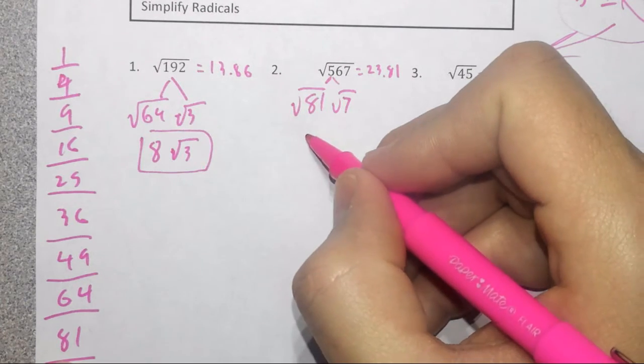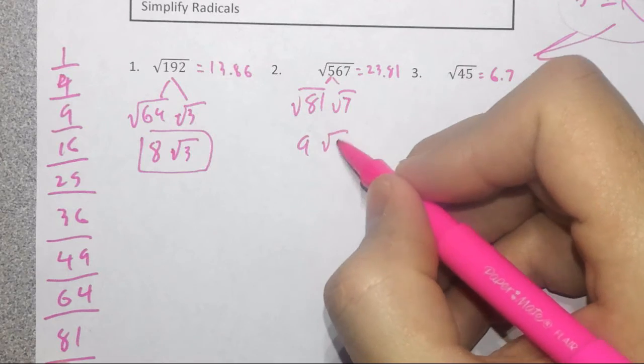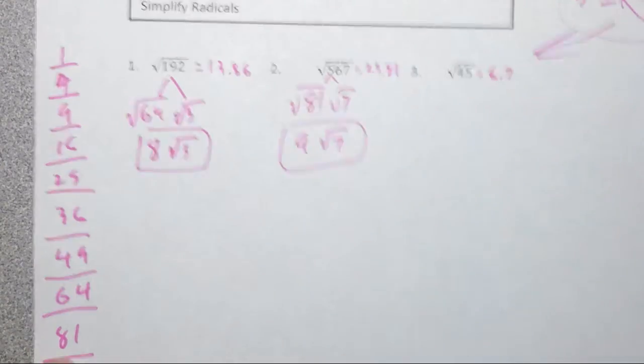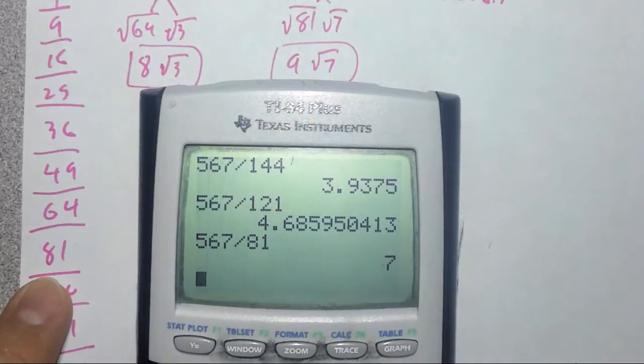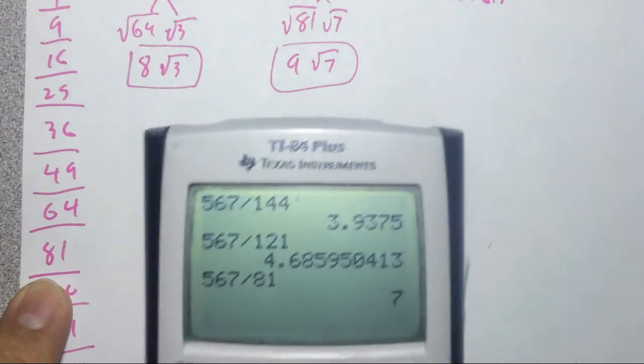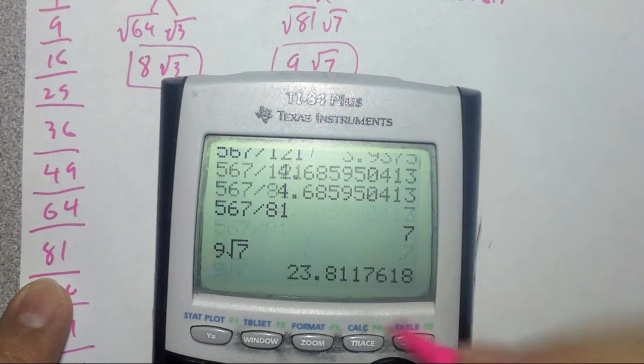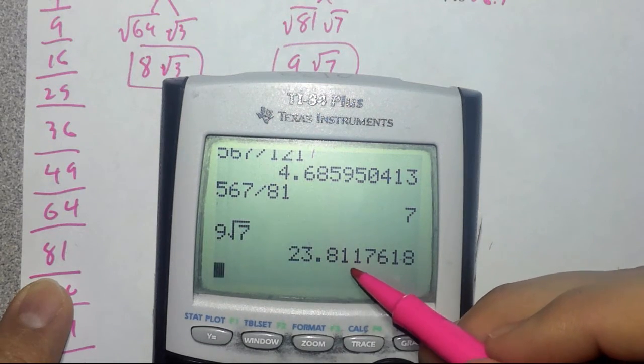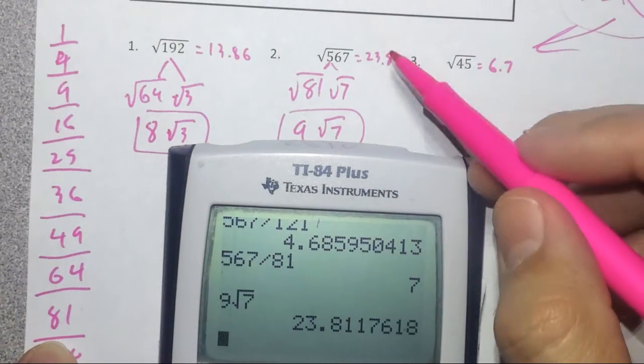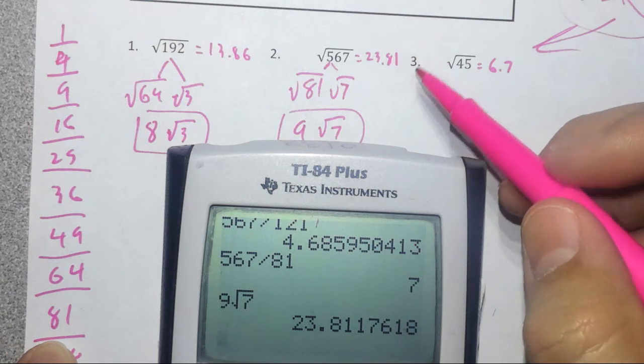The square root of 81 is 9. Bring the 7 down. That's what we're looking for there. Let's go ahead and check it. 9 square root of 7 gives 23.81. Does that match? 23.81 matches perfectly.